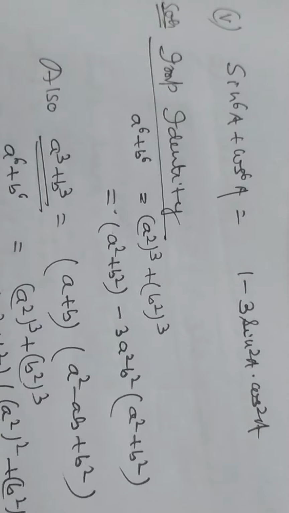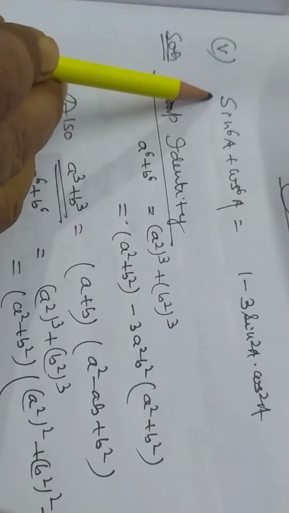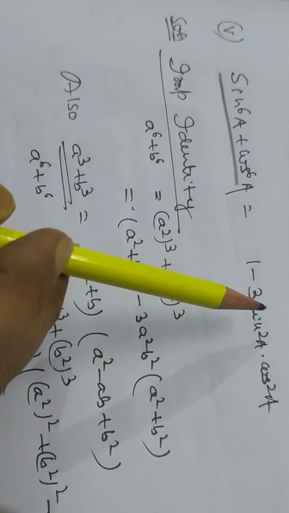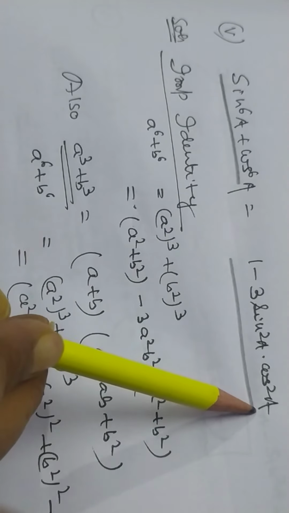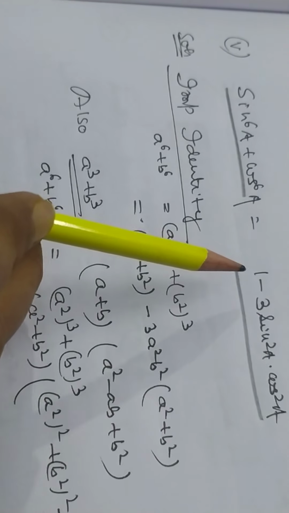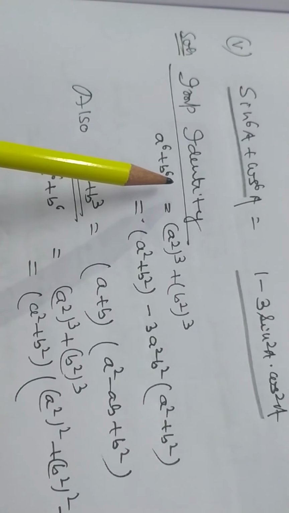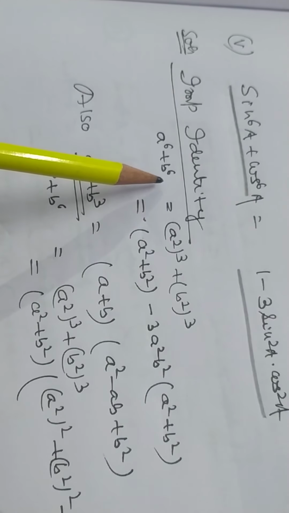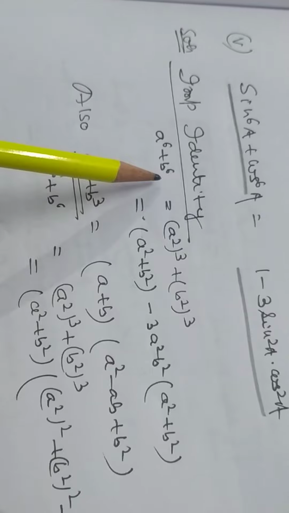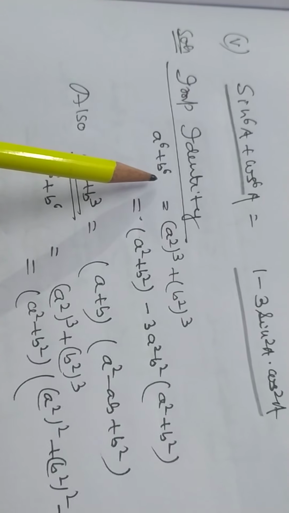Now I want to solve problem number 5. Sin to the power 6a plus cos to the power 6a is equal to 1 minus 3 sin square a into cos square a. My dear student, we can solve this problem in 2 ways, and I also apply these identities.